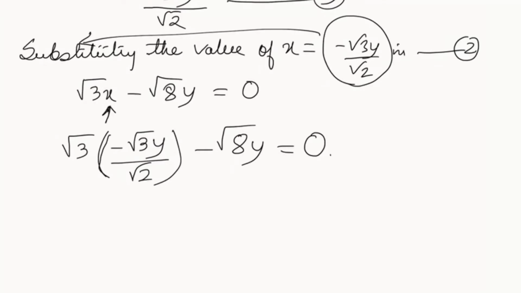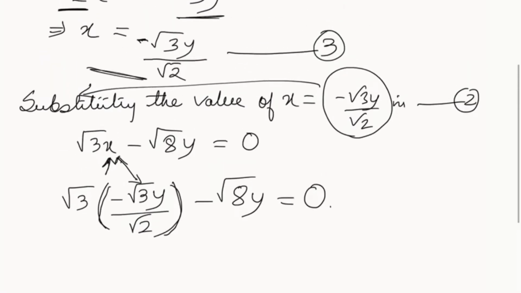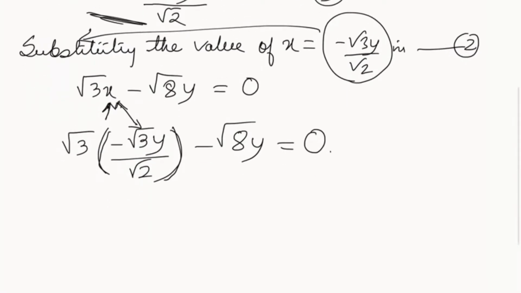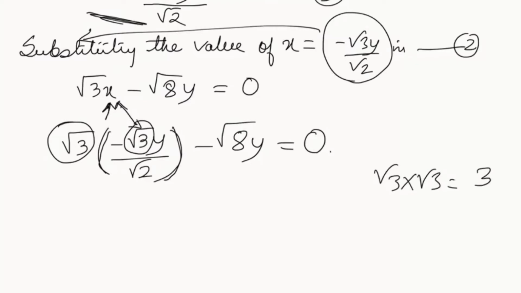Now we are substituting the value of x from equation 3. Okay, let's continue. Root 3 into root 3 is 3, so we have 3, and we put the minus at the front, so minus 3y divided by root 2.